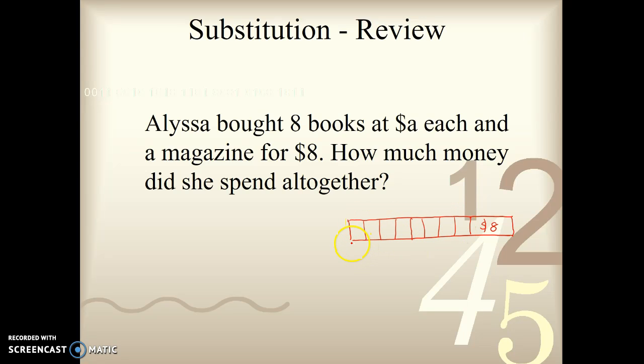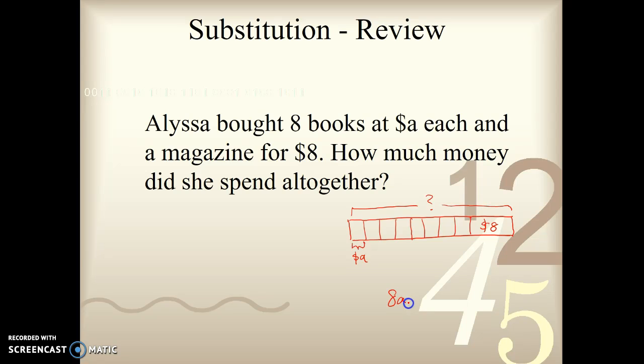And each of these units cost $8. We want to know how much money Alyssa spent altogether. So that's how we would represent that visually with our model. How would we represent that algebraically? Well, we have 8 units of A, right?